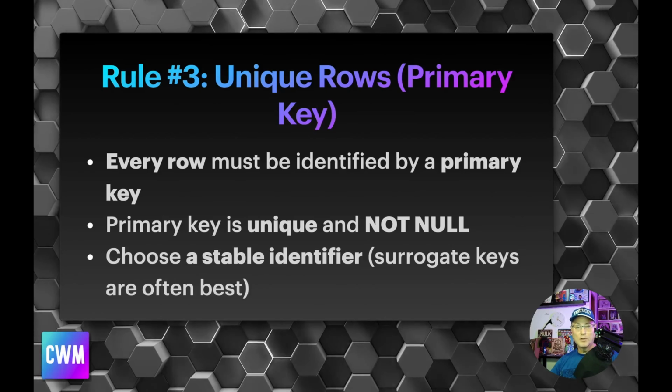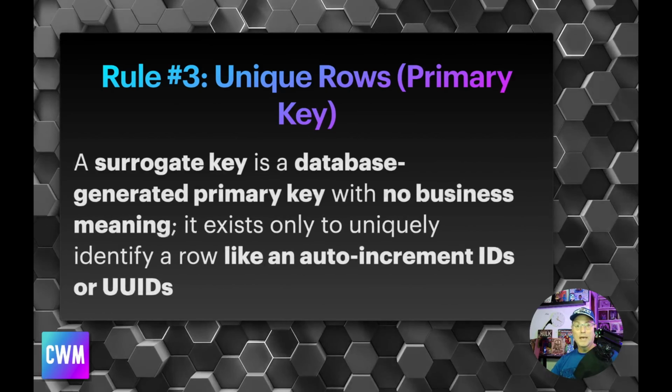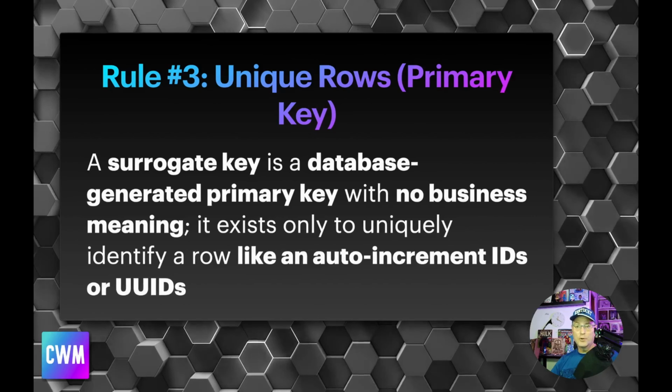Surrogate keys are the best. A surrogate key is a database-generated primary key with no business meaning. It exists only to uniquely identify a row, like auto-increment IDs, or UUIDs. Surrogate keys can be quickly defined in SQL when you create a table.